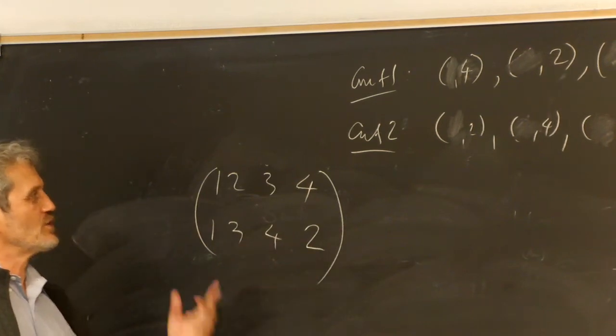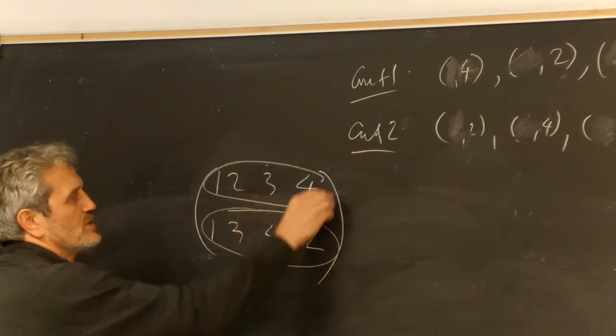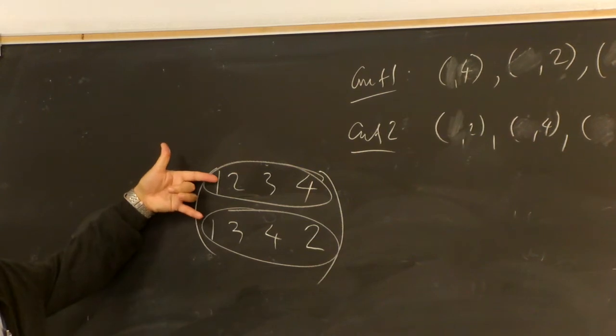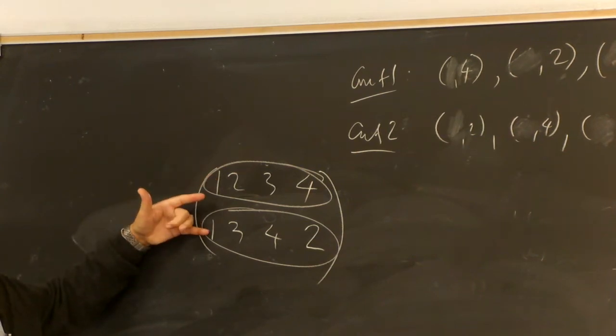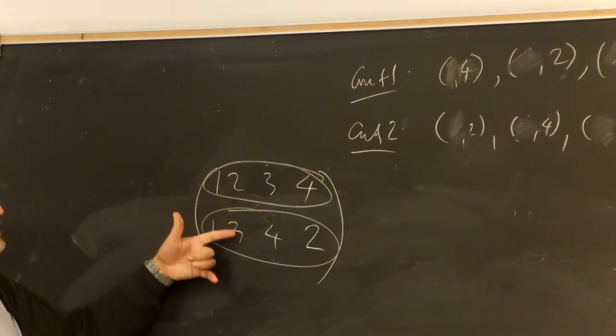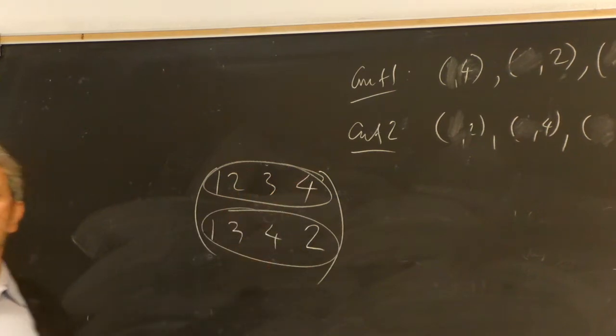So generally, whenever I see a permutation, I would think of it as a function. In this setting, the first number tells me the row, the second one tells me the column. So in the first row, I choose column 1. Second row, I choose column 3. Third row, I choose column 4. Fourth row, I choose column 2.